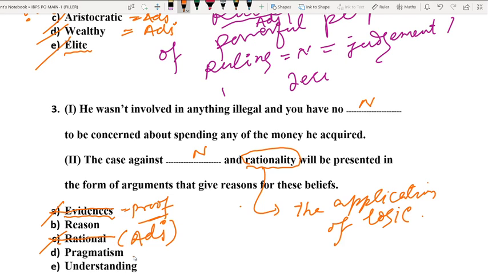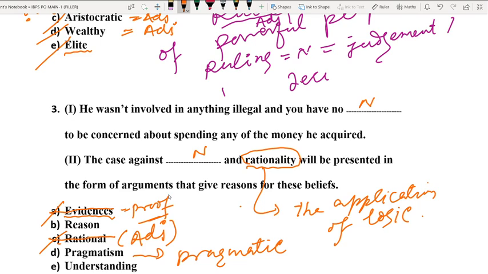Pragmatism means the trait or quality of being practical. That means if someone practically tries to look at a problem and come up with its solutions, then we can say that person is pragmatic. This option can go into the second blank without any doubt, but it cannot go into the first blank.